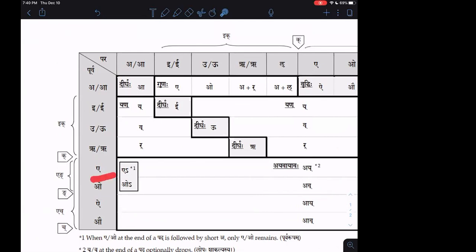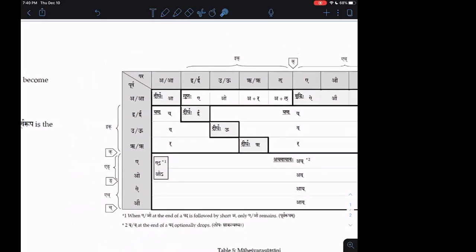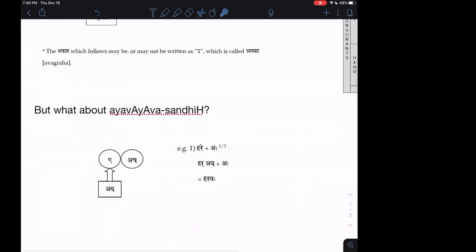When I have A and A, then I'm going to get ai. And when I have O and A, then I get av. So what's the deal with this? What about ayavayava sandhi?